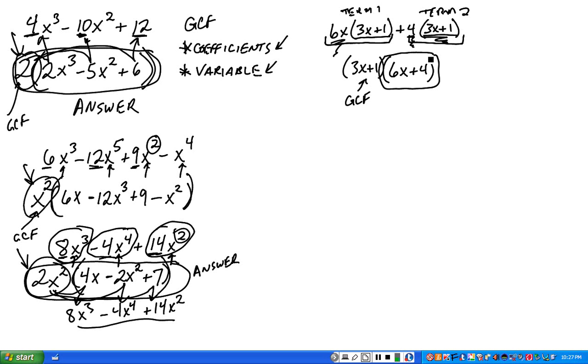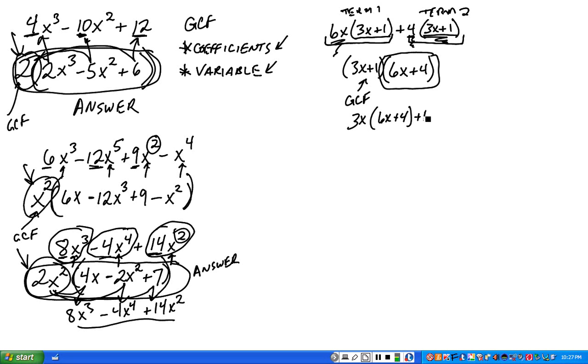And if you notice, if I multiply these two using horizontal multiplication, basically I would take the 3x in the first term and multiply it by 6x plus 4 if I'm using horizontal.